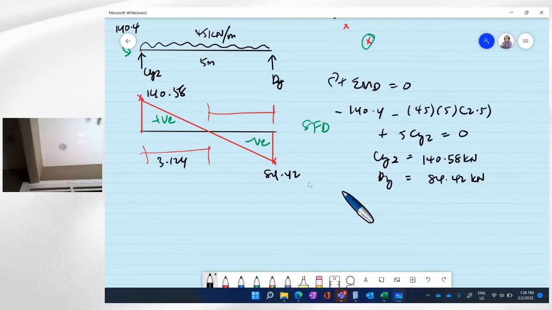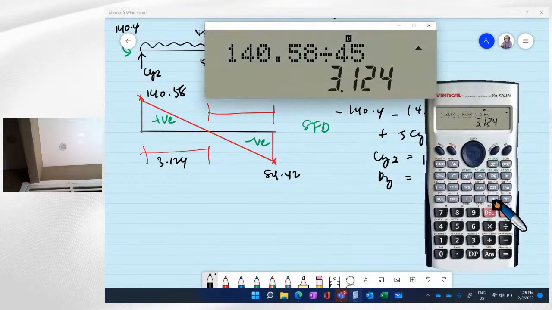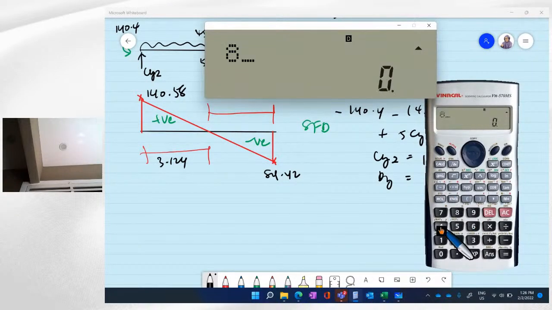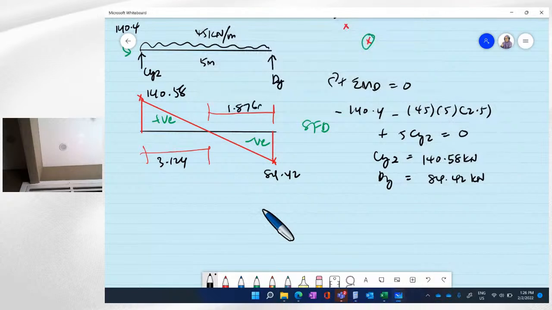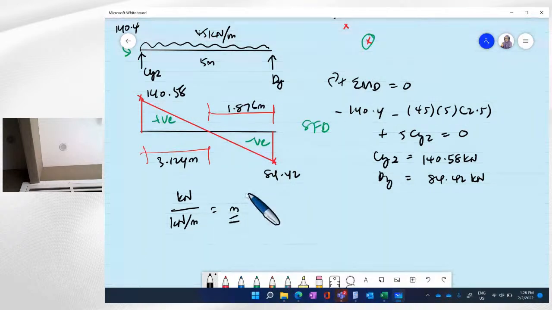And the second distance is 84.42 divided by 45, which is 1.876. The total distance must be 5. This is in meter, because we divide kilonewton by kilonewton per meter.